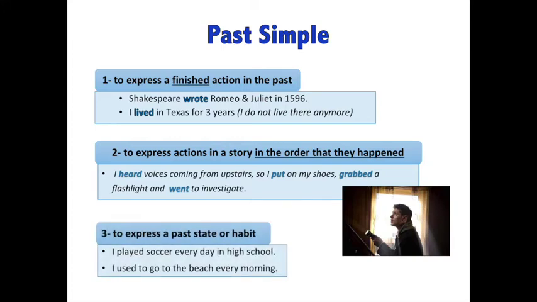And last, to express a past state or habit. So you know that we use present simple for habits, but if you had a habit in the past, but it is not something you do now, you will use past simple to talk about it.